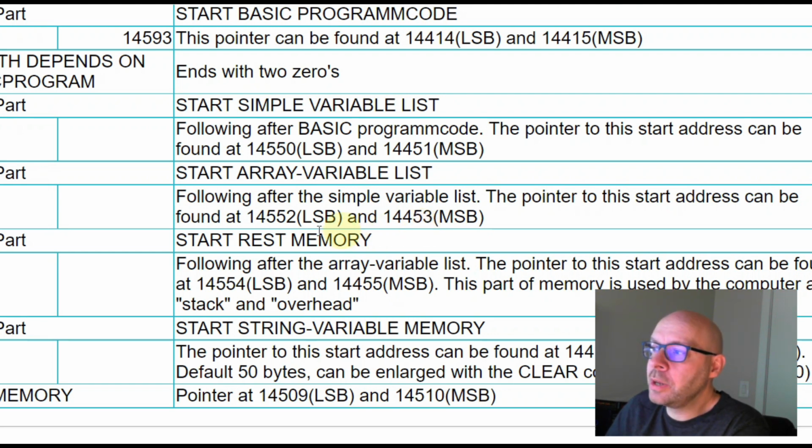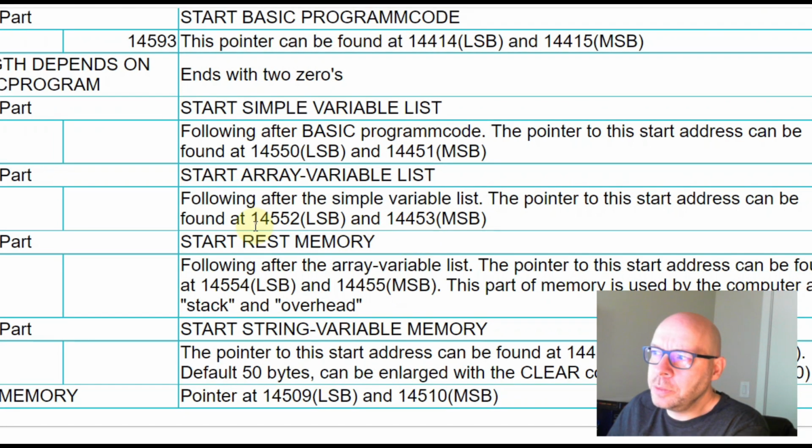And we simply do that by extracting the values from these two addresses, 14552 and 14552. Well, I think there's a typo here, actually. 14552 and 14453. So this should actually be 14552 and 14553. So just keep that in mind. It looks like there's a typo on this page.